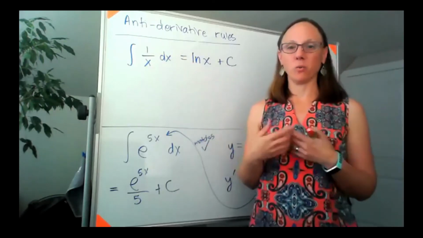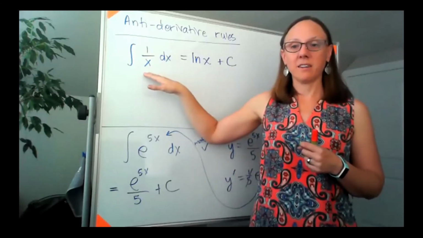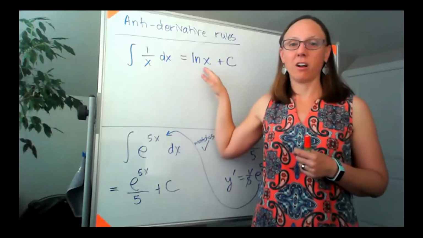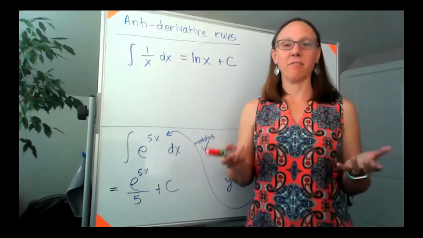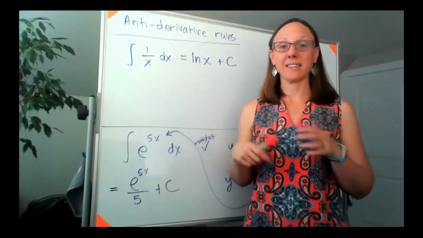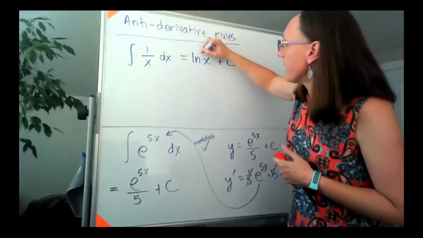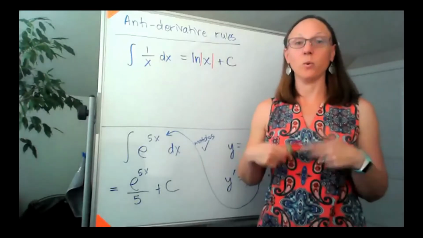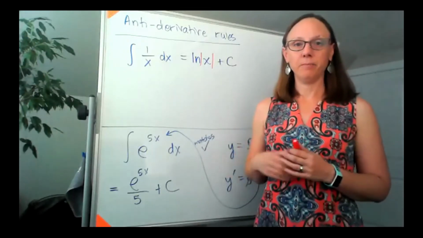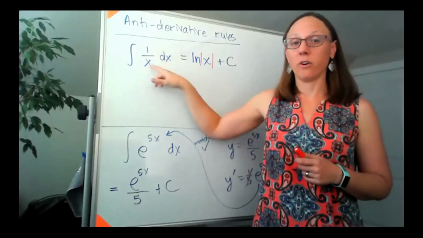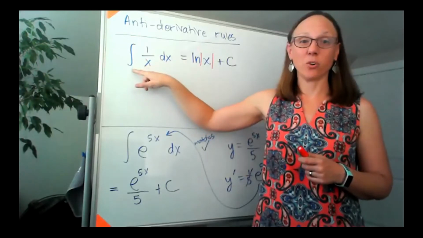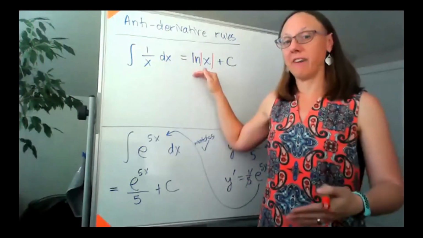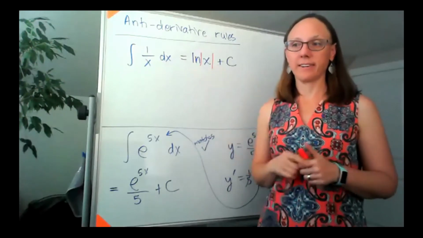And right now they don't. So 1 over x, I can plug in anything except 0. But for natural log of x, I can only plug in positive values. And the way that we reconcile this is to put an absolute value around that natural log of x when we write the antiderivative. So the antiderivative of 1 over x, or the integral of 1 over x dx, is the natural log of the absolute value of x plus a constant.